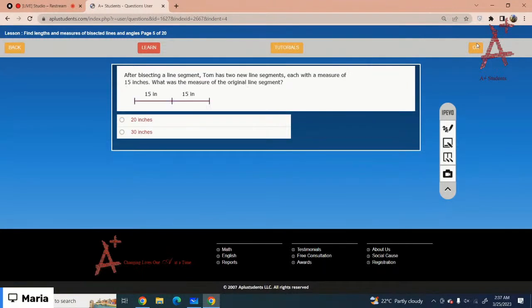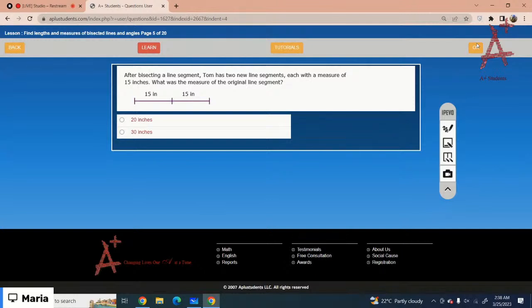Okay, the next one is after bisecting the line segment, Tom has two new line segments, each with a measure of 15 inches. What was the measure of the original line segment? So both the line segments have 15 inches. You need to calculate the length of the complete line.